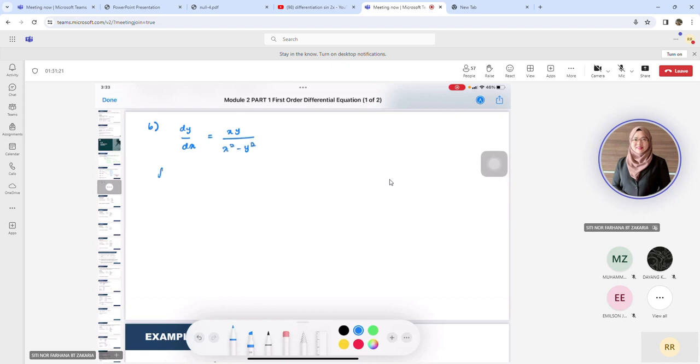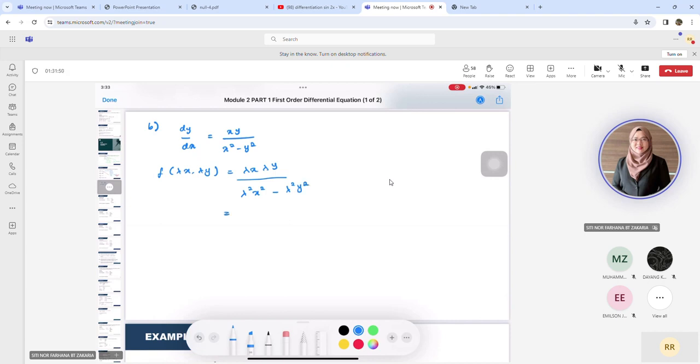So we add lambda here. So x will become lambda x, y will become lambda y, divided by x power of 2 will become lambda power of 2 x power of 2, minus lambda power of 2 y power of 2.